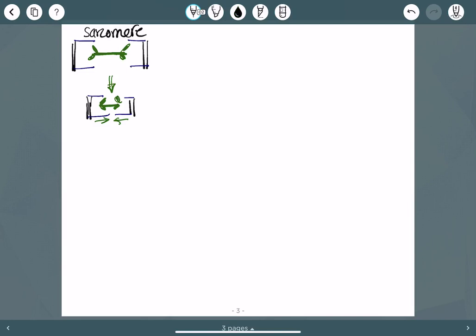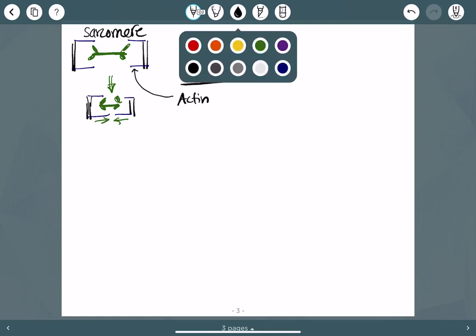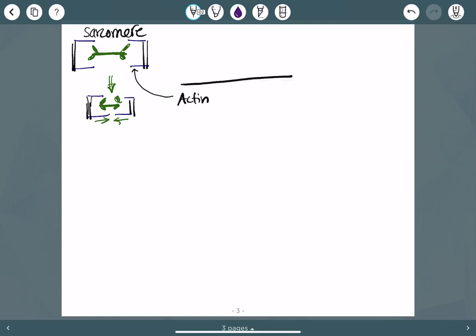So we have, again, our actin, which is our thin filament. That's the little blue guy here in my drawing. The actin has tropomyosin wrapped around it.